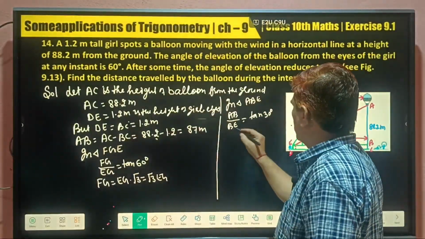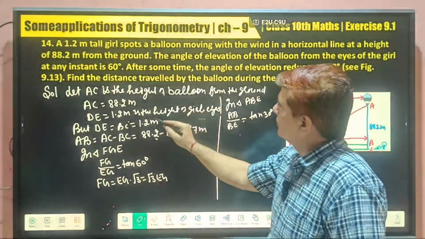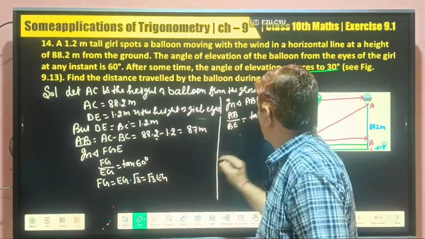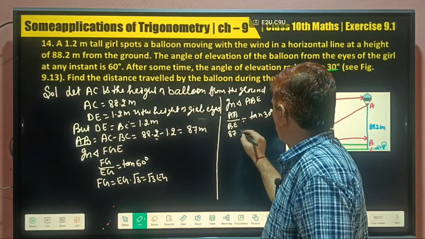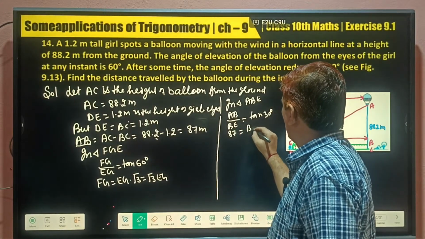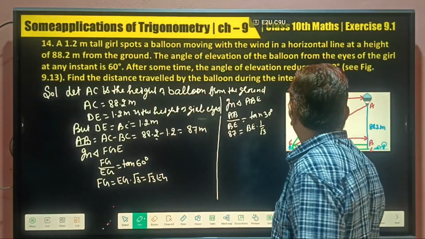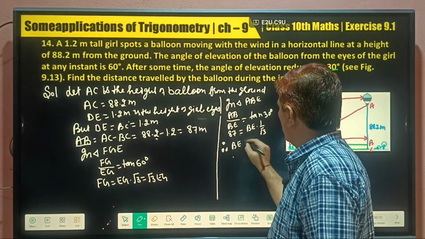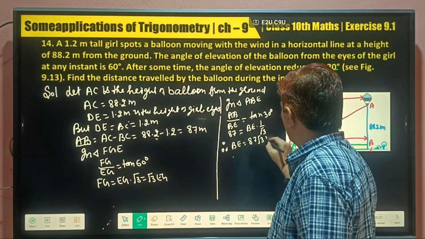So AB is how much? AB is equal to 87. So 87 is equal to BE into 1 by root 3. So what is your BE? Therefore, BE is equal to 87 root 3 meters.